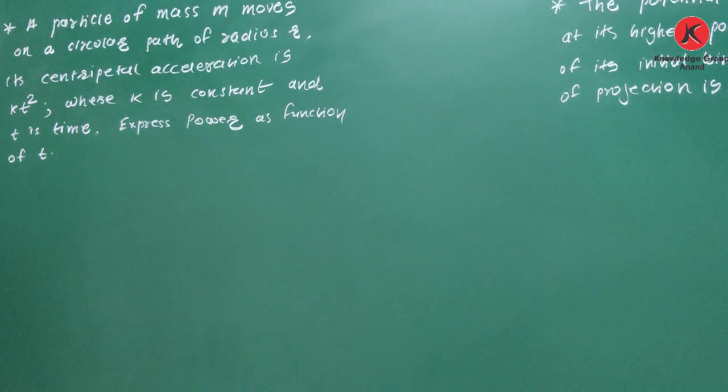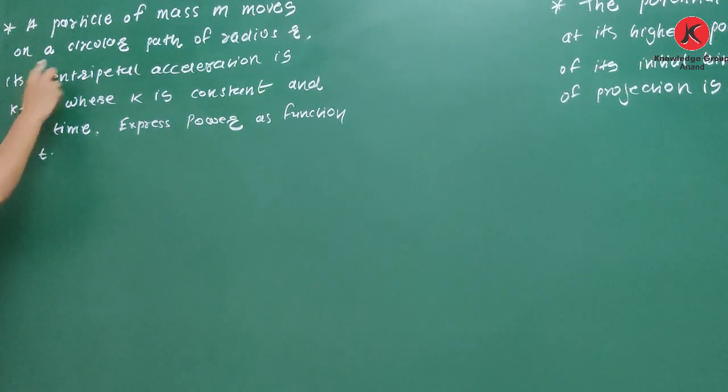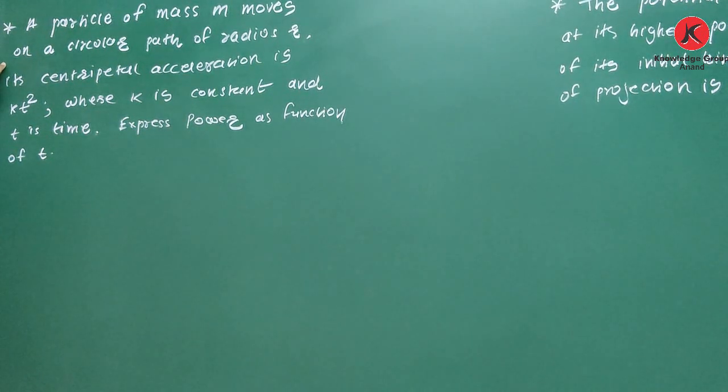Now next question is, see, a particle of mass m moves on a circular path of radius r. Its centripetal acceleration is kt square, where k is constant and t is time. Express power as a function of time. See how to find this. A circular path of radius r means it is performing circular motion.